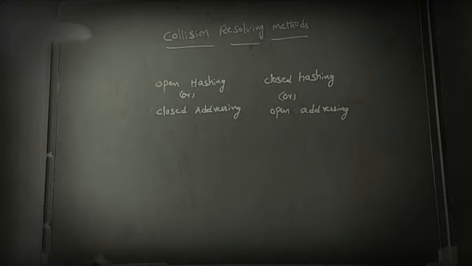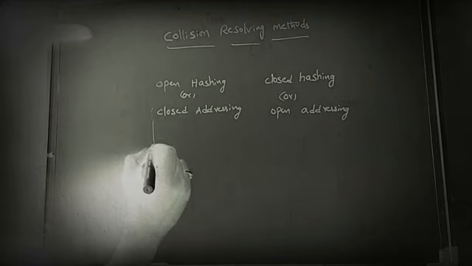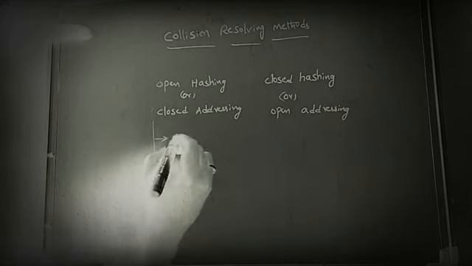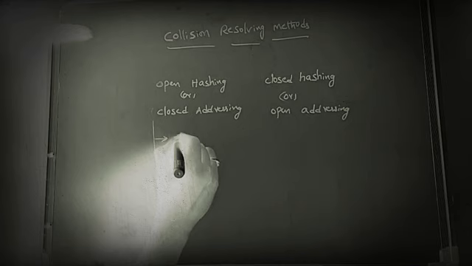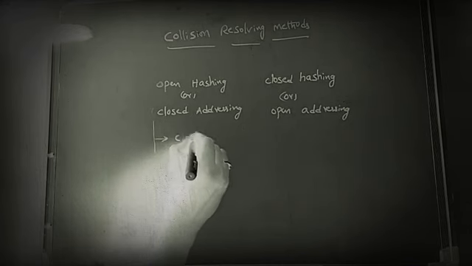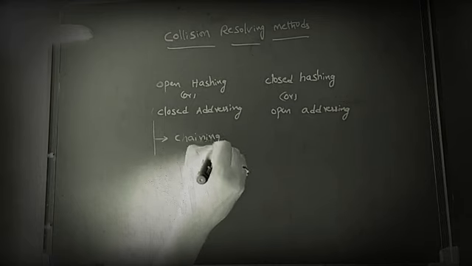Under open hashing or closed addressing, the method we use to avoid the collision is called the chaining method.